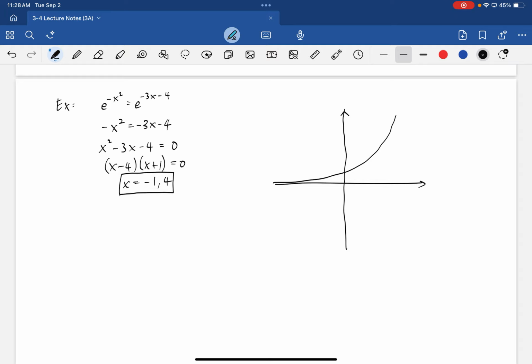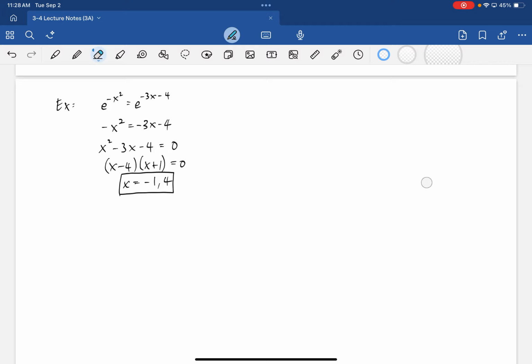Logarithmic equations are a different story, of course, because they have a restricted domain to only positive inputs. But because we have an exponential function here, no matter what x is, these exponents are totally fine. So that's our answer, x equals negative 1 and 4. Okay, questions? Not too hard, right?